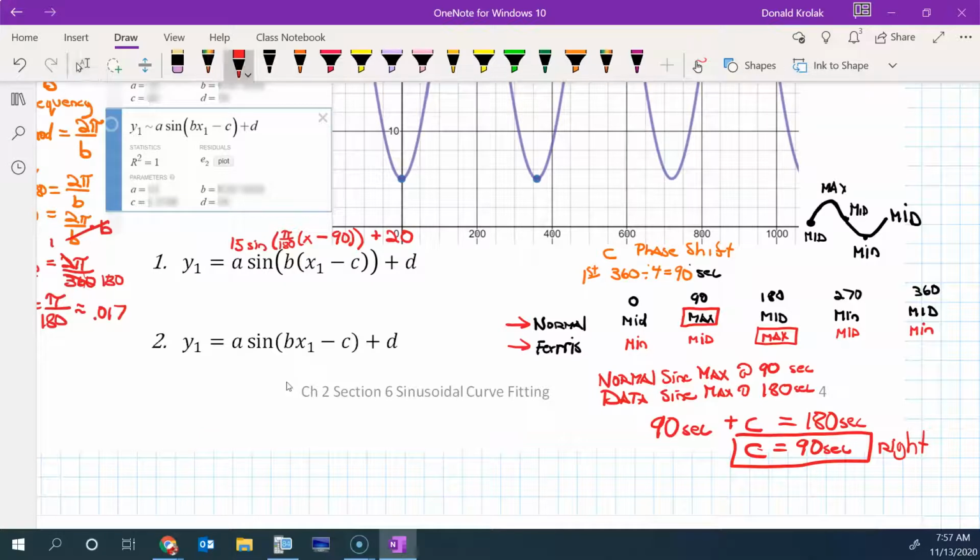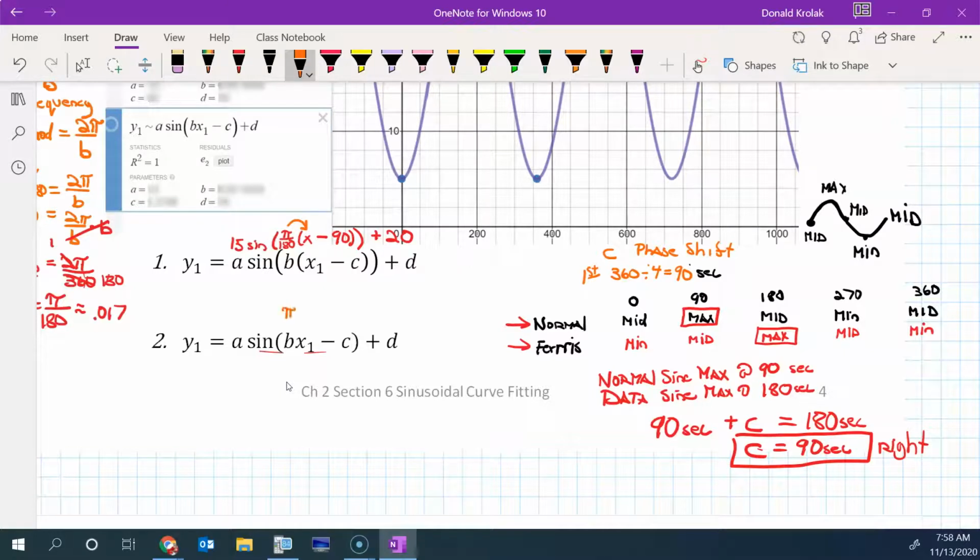Okay, now to get this version of it, you can write it two different ways. To get this version, all you do is you take this and you multiply it through. Distribute it.